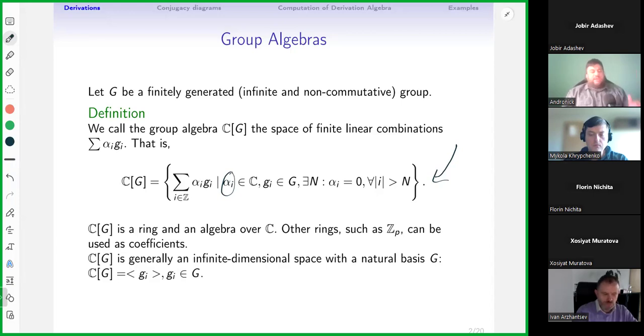And there is another type of interesting cases; I will talk about that a little at the end, when I talk about some examples and generalizations of this construction.